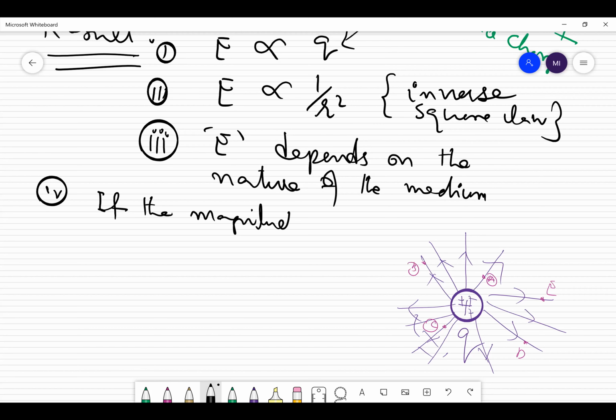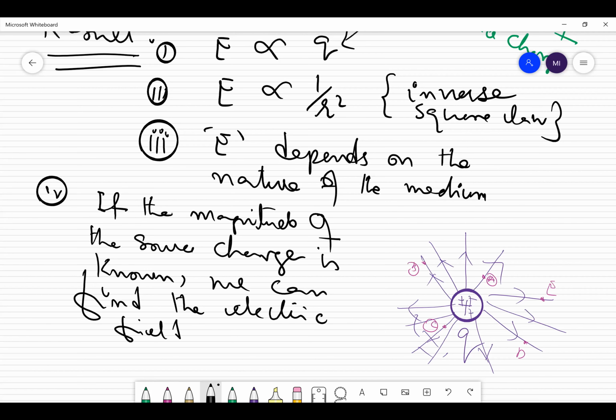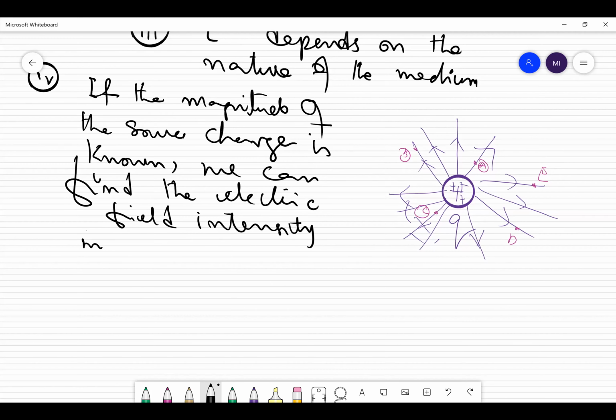If the magnitude of the source charge is known, we can find the electric field intensity anywhere in the region, at any known distance. So we do not need a second charge, right?